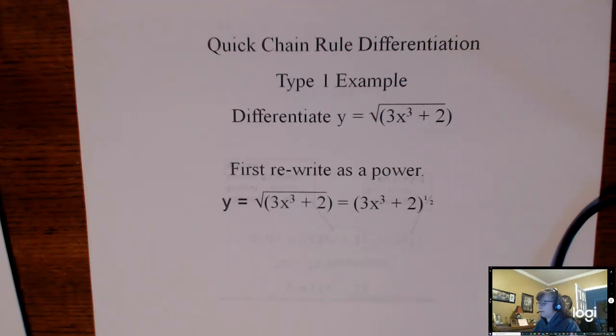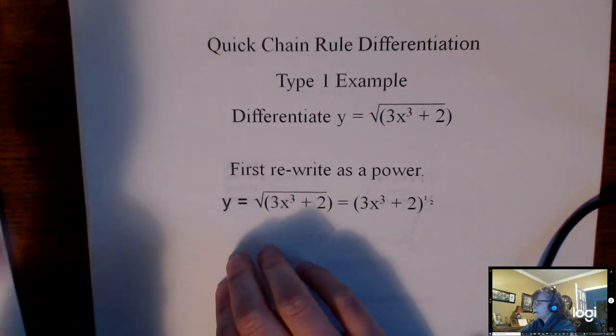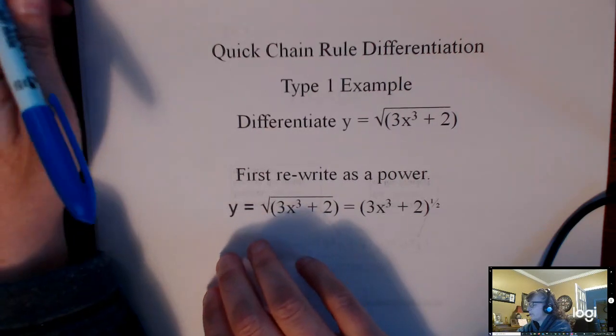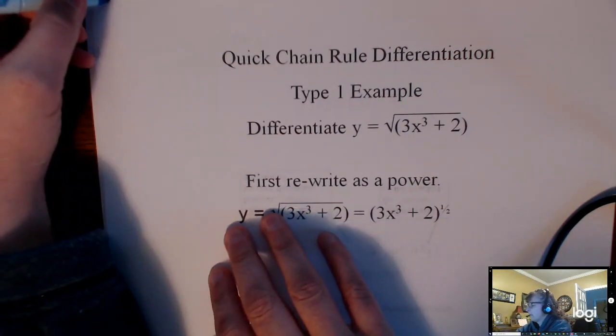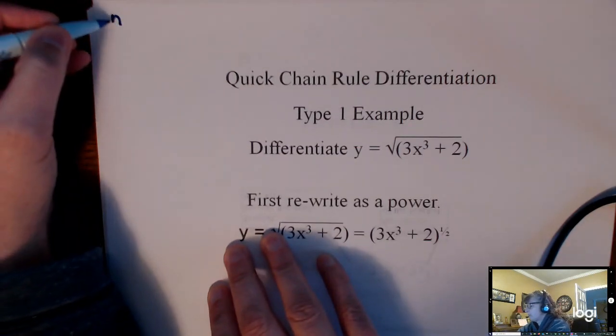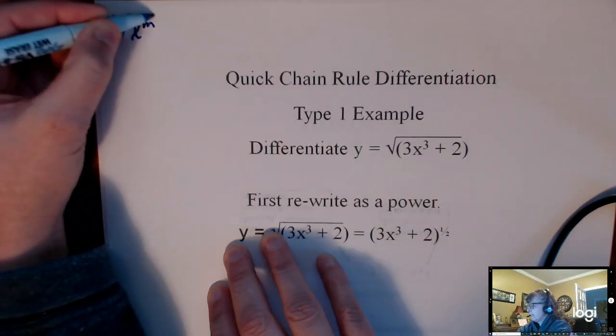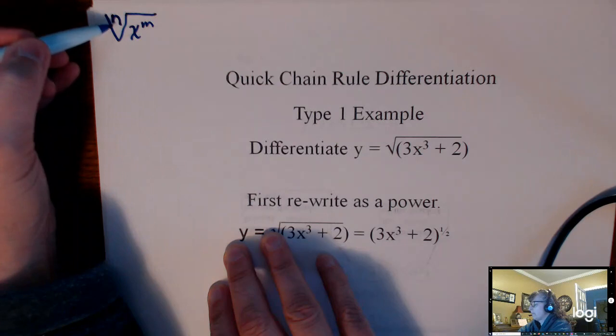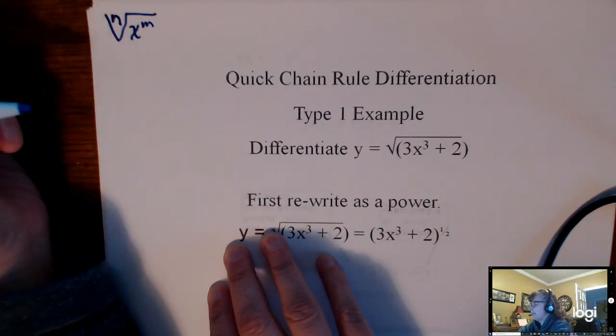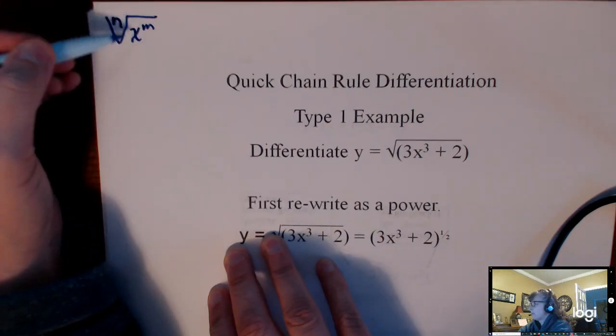This lesson is on the chain rule, but before we get to that, I'm going to review rational exponents to make sure we have that squared away. So this is the nth root of x to the m, and you can't take the derivative of a radical.